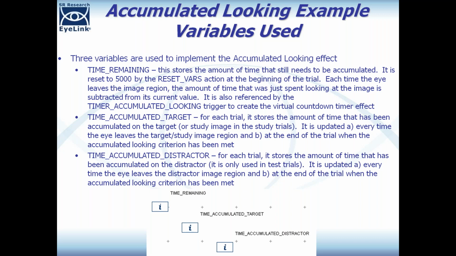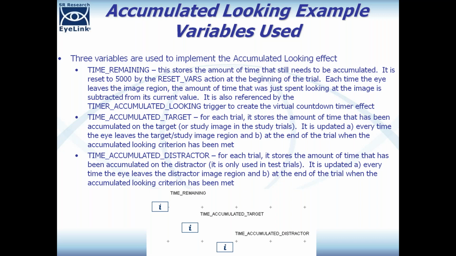And just to give you a little bit of foreshadowing, each time the eye leaves the image region, the amount of time that was just spent looking at the image is going to be subtracted from that time remaining value. So you're updating the countdown timer when the eye leaves the region.